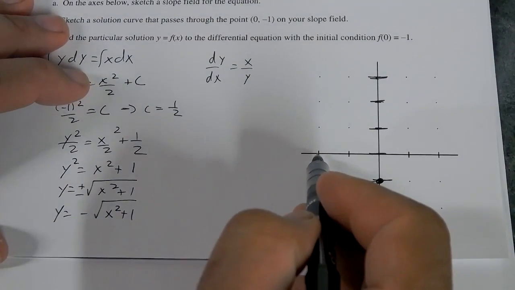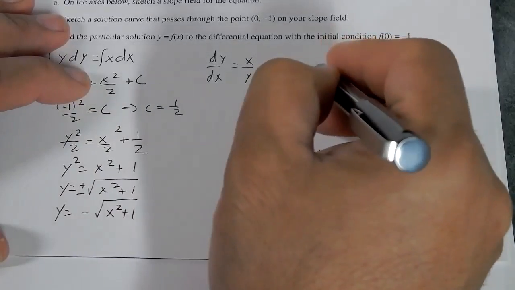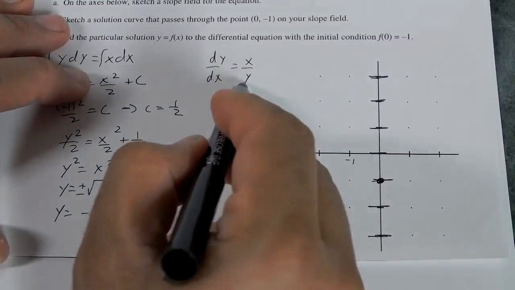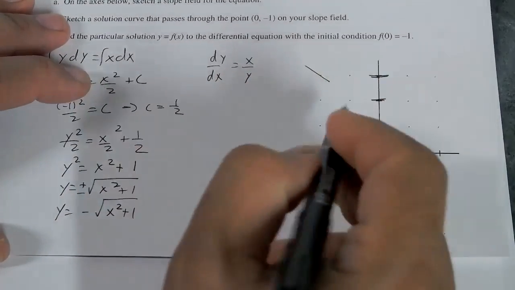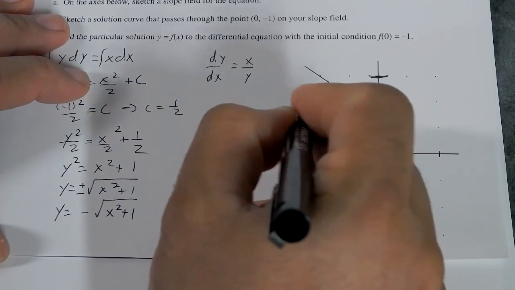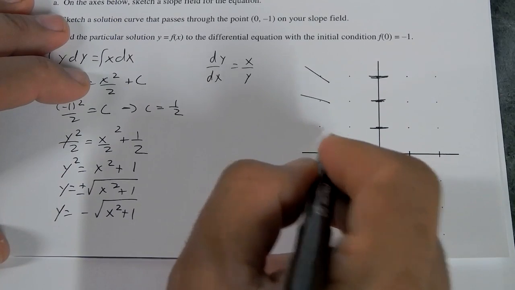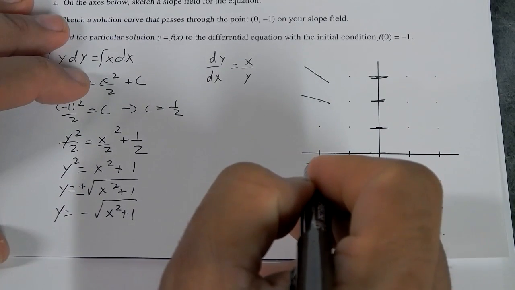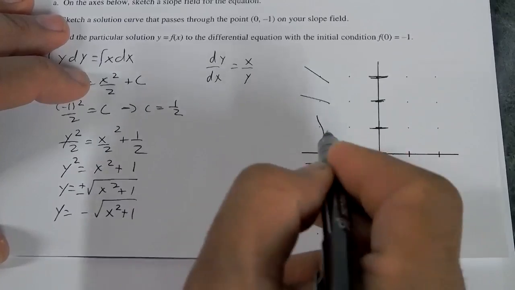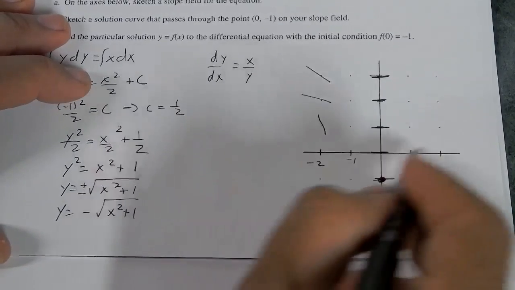So let's check over here. This is negative 1, negative 2, and this is 3. So negative 2 over 3, negative 2 over 2, negative 2 over 1, right? Negative 2, so it's a bigger slope. Negative 2 over 0, can't have it.